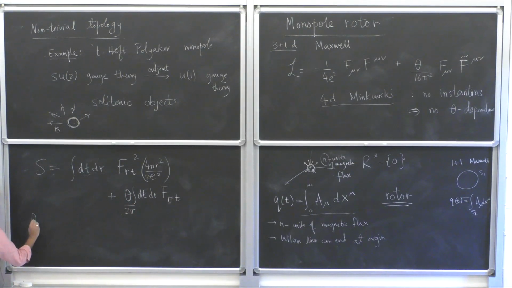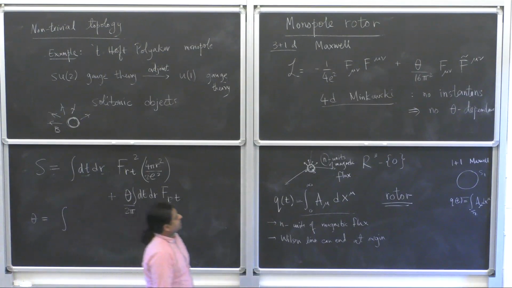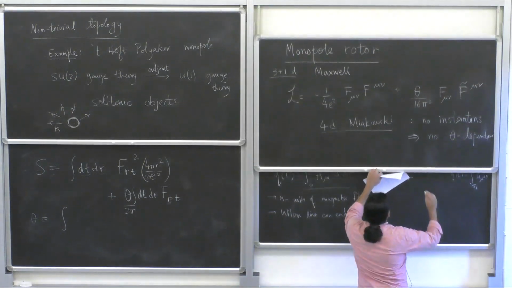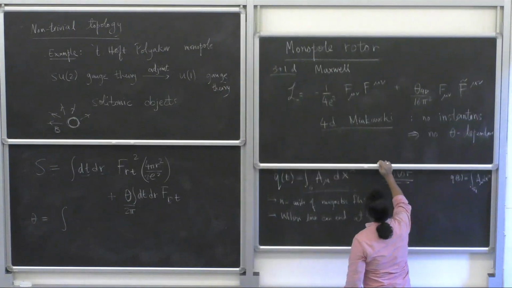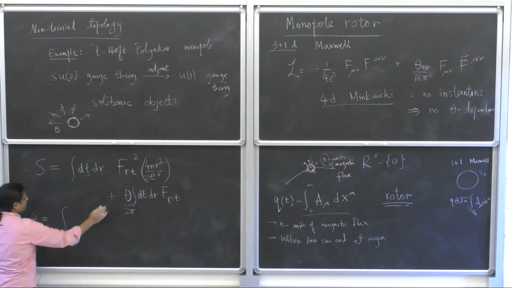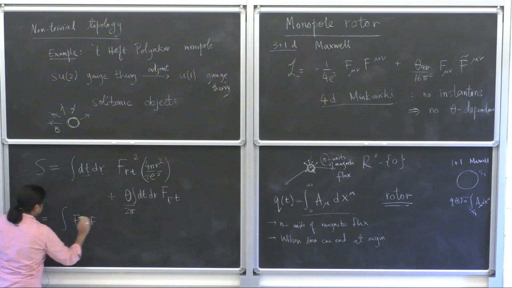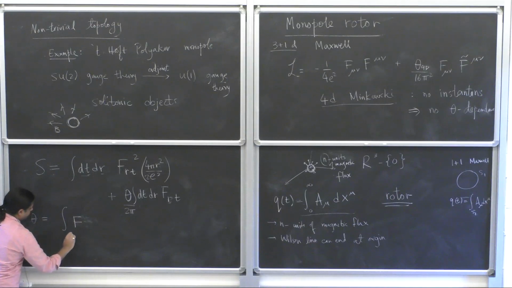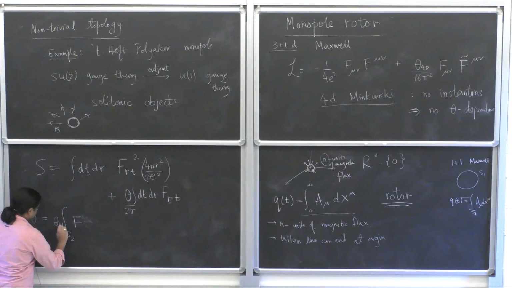The theta term, let's denote the 4D theta term as theta 4D. The theta term in the 2D effective theory is given as the integral of F over the S2 that we're compactifying on, times theta 4D over 16 pi squared.